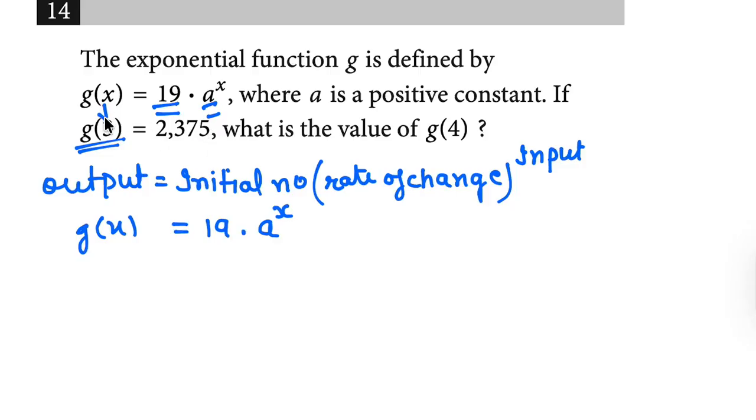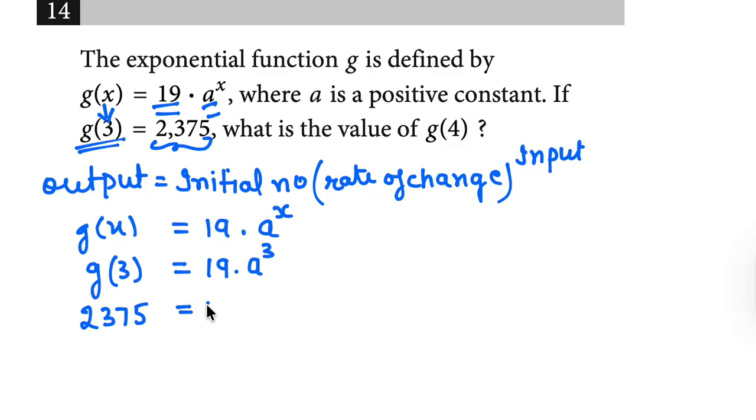That means when I give input as 3, the output comes out to be 2375. So g(3) is equal to, in the first equation I'm just giving the input as 3, and in the second equation I'm just writing the value of g(3), which is 2375, so 19 times a to the power 3.